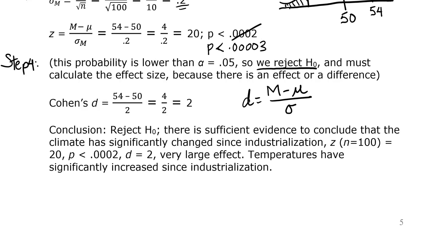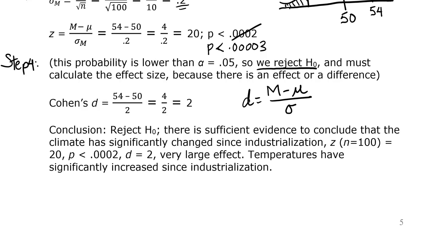So the conclusion, now we get to do the APA style conclusion, reject the null. There is sufficient evidence to conclude that the climate has significantly changed since industrialization, comma, now we need to make sure you put in the statistical evidence. You have to back up this claim with the statistical test that you just did.